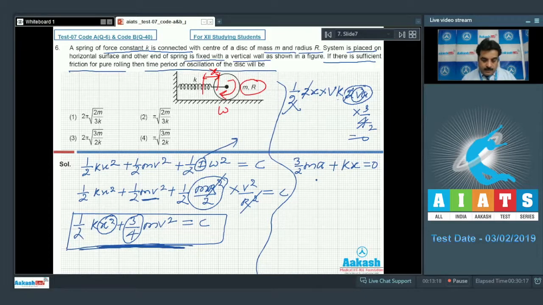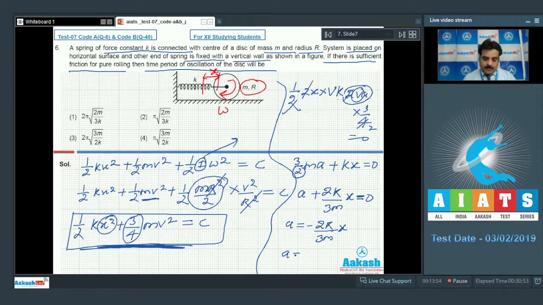Now if I take 2 as LCM, then a plus 2k upon 3m into x is equal to 0, because I am looking to find the equation in terms of acceleration. So easily you will write a is equal to minus 2k upon 3m into x.